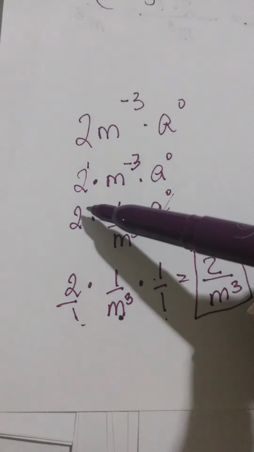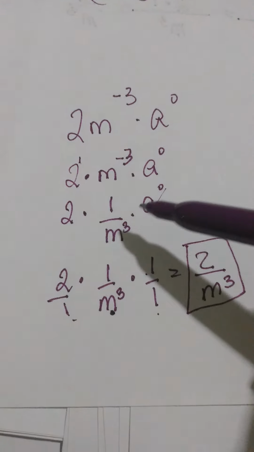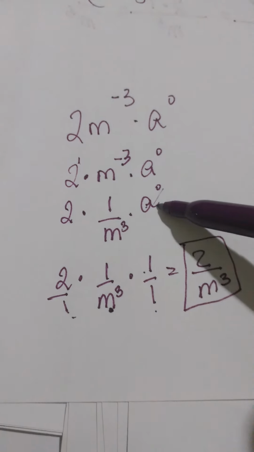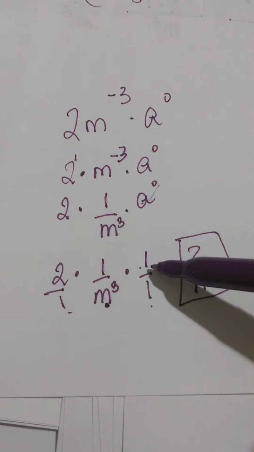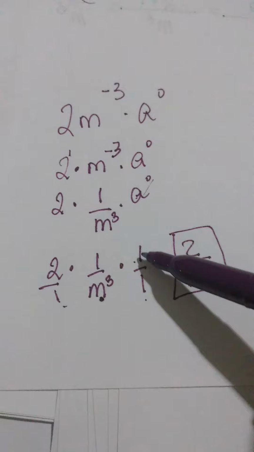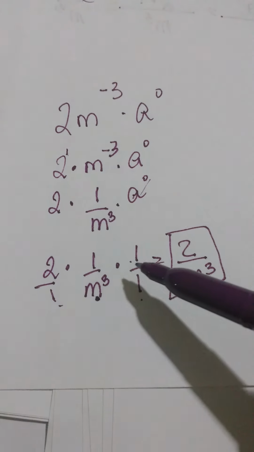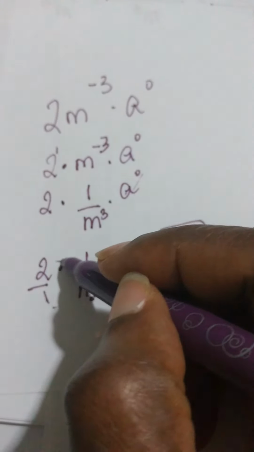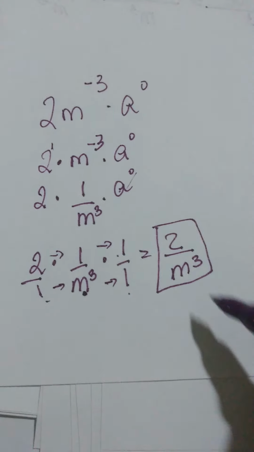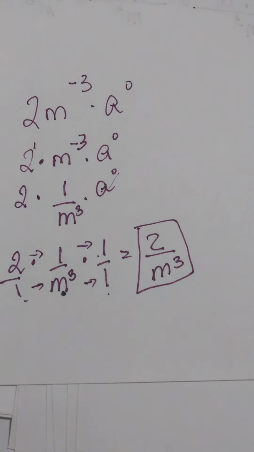Separate, extend it, separate them. Negative power means to flip. Anything raised to the 0 power, that's just 1. So now I have 2 over 1, 1 over m cubed, 1 over 1. I multiply across. Remember, you multiply across when it comes to fractions. And so my final answer is 2 over m cubed.